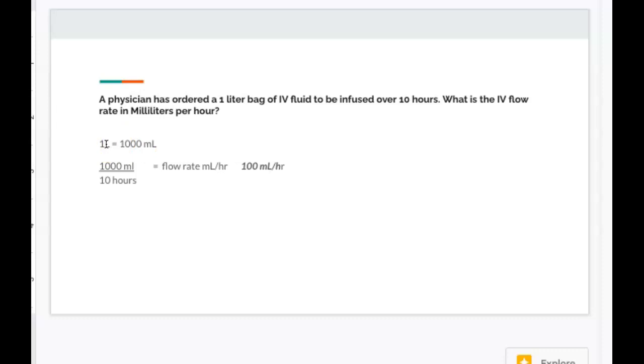You could start with liters over hours and then write it as dimensional analysis. So you could start with 1 liter times, and then go to your dimensional analysis. There is 1 liter in 1,000 milliliters.